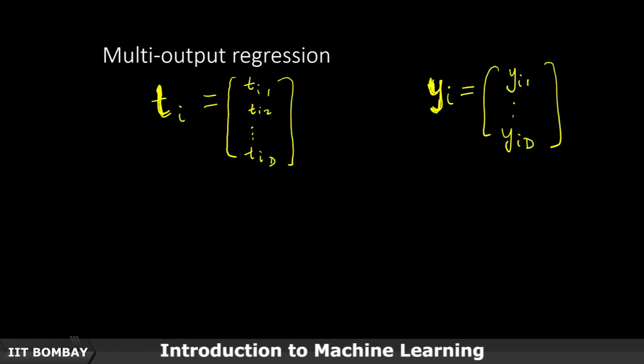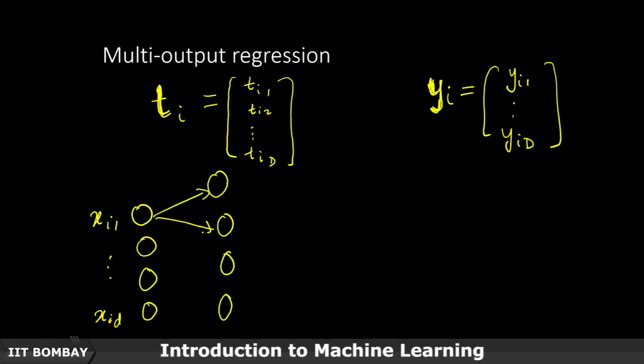Now, the loss that we will use for this neural network, let's look at that, but first let's look at what the architecture will look like. Let's say we have inputs. These are your input neurons, xi1 all the way up to xid, I will use small d, and then you have some hidden layers. This is fully connected, all inputs feed into the next layer.